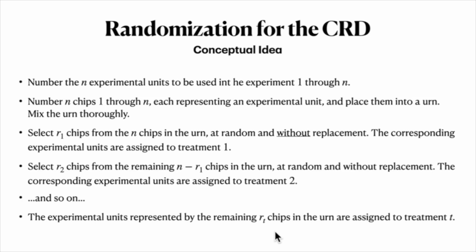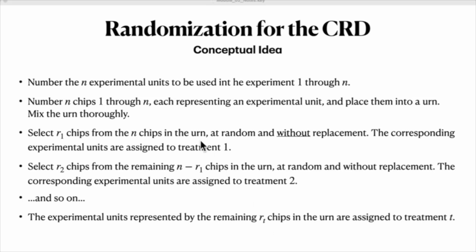And you can do this literally with chips in a bag or chips in an urn, but you could also do it with a computer. You could generate n numbers, random numbers for each of n data records, and then sort them in ascending order, for example. Take the first R1, assign those corresponding experimental units to treatment 1, and take the next R2, assign those to treatment 2, and so forth.